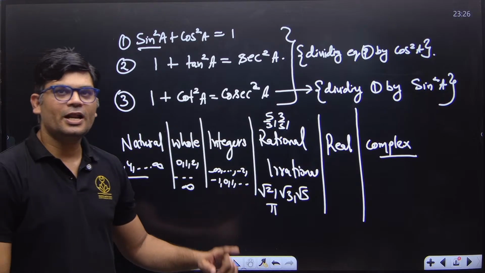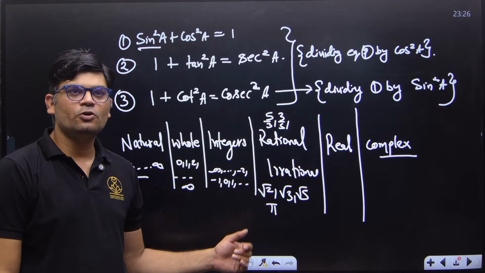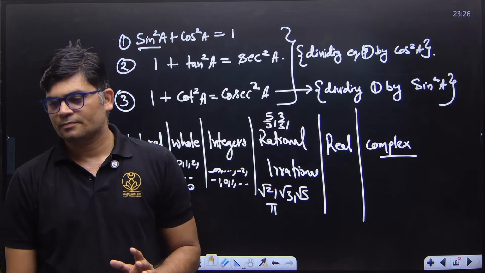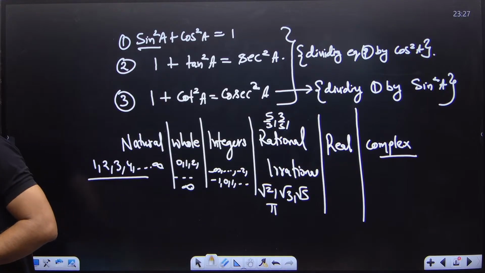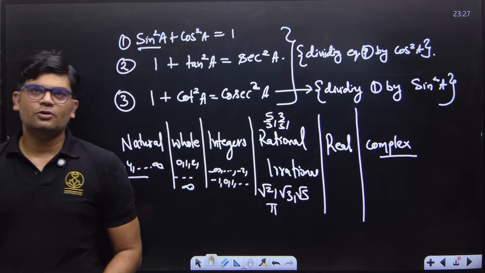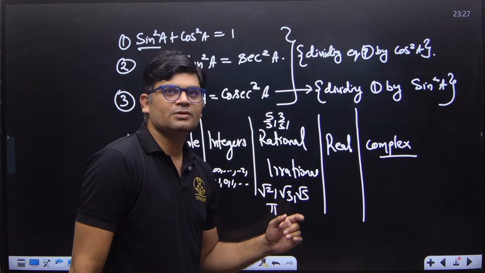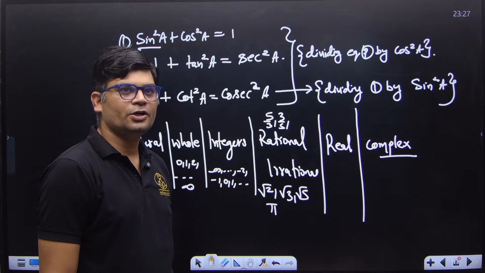Pi is also an irrational number. The approximate value is 22 by 7, but that is not the exact value. So it is an irrational number. Understood? In the game of irrational numbers, this identity plays a very important role.